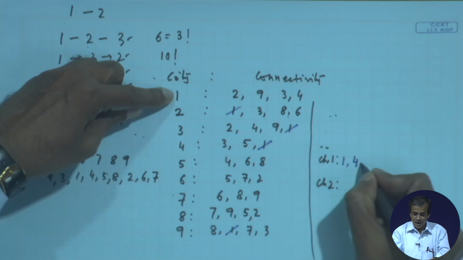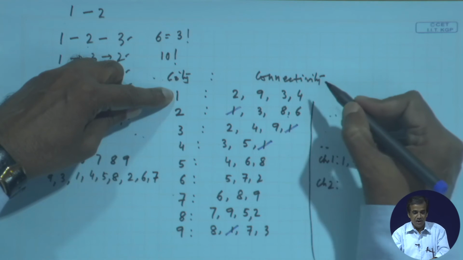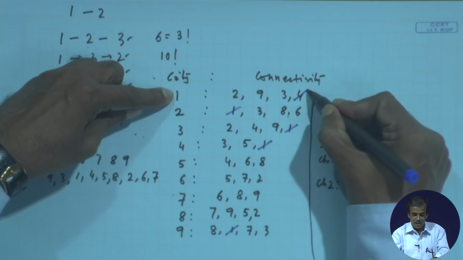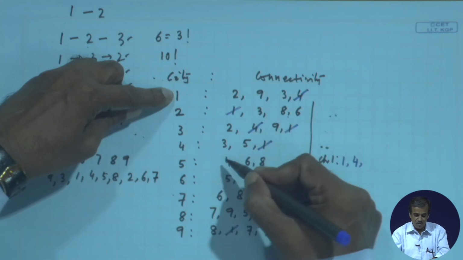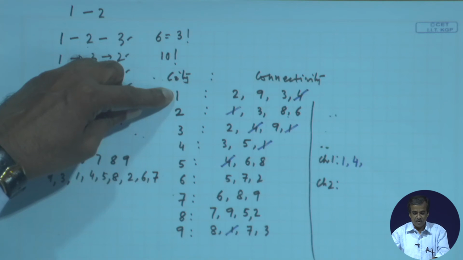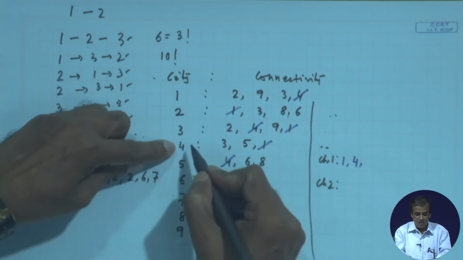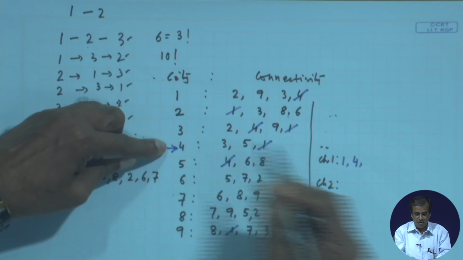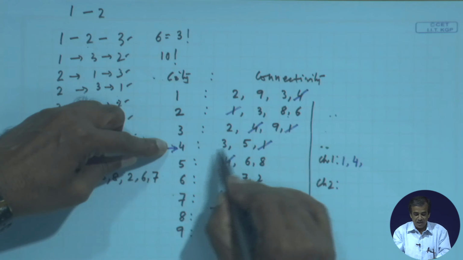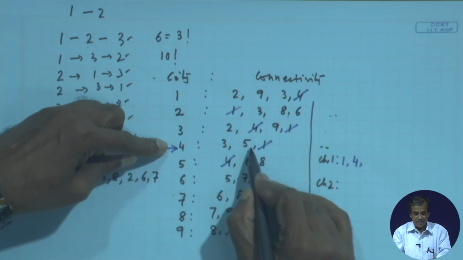Okay, and once you have selected 4, you remove all the entries of 4. So 4 is removed everywhere, there is no other 4. Now you concentrate on city 4. 4 is connected to 3, 4 is connected to 5.